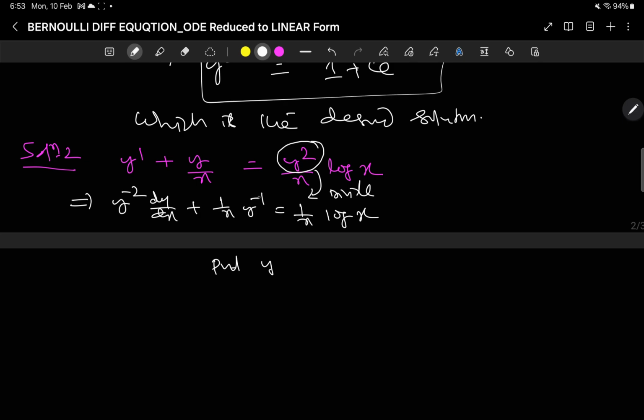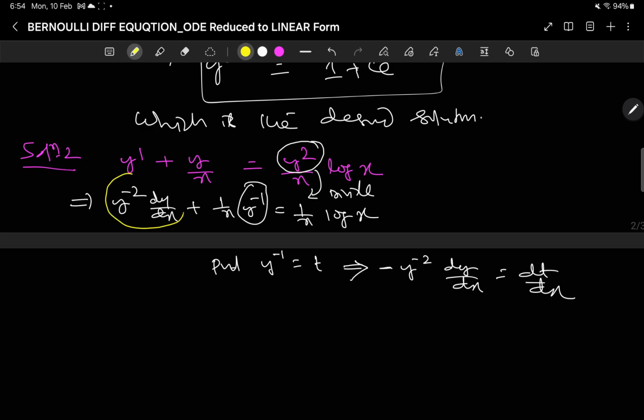Now you put y to the power minus 1 is equal to t. So the derivative of this is minus y to the power minus 2 dy by dx is equal to dt by dx. Now you substitute this here.